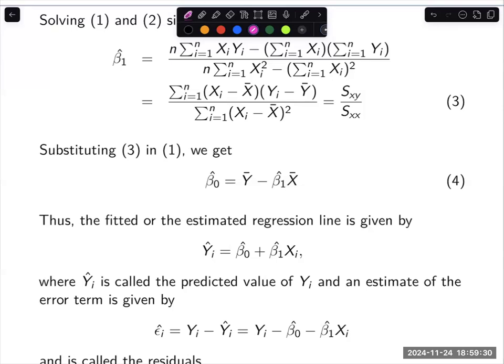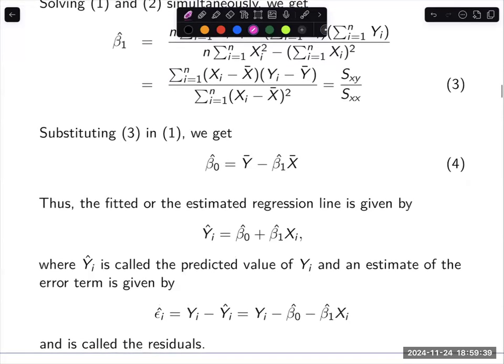And therefore, the epsilon i hat we have previously discussed is the estimate of epsilon i. This estimated error is what we call the residuals, okay?